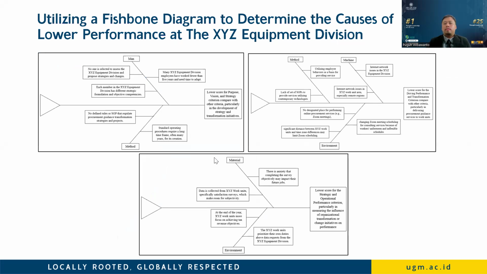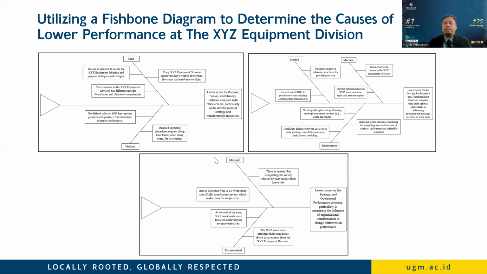Next are the results of the FISHBONE diagram analysis on the three criteria that received a lower EFQM score compared with others. The first criterion, which is the purpose, vision, and strategy criterion, especially in developing transformation plans, has man and method as causes of the lower performance.